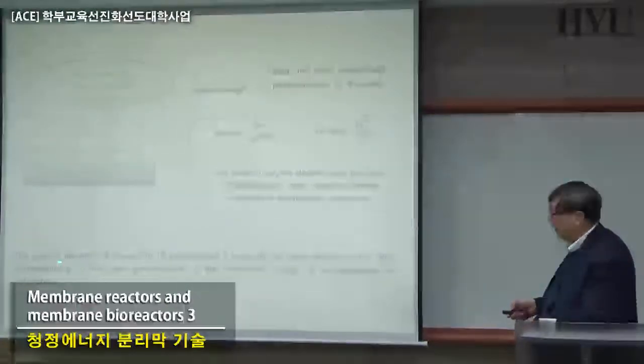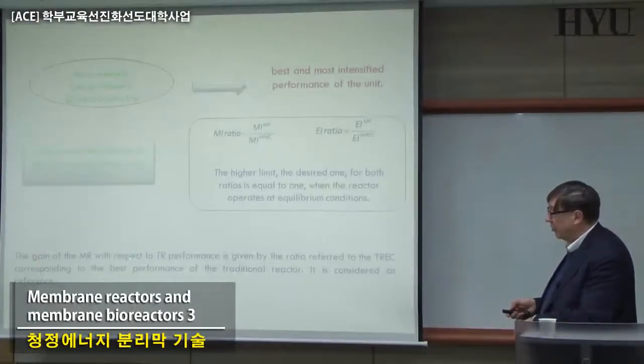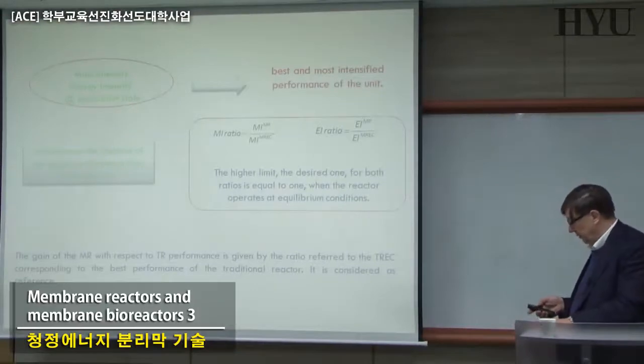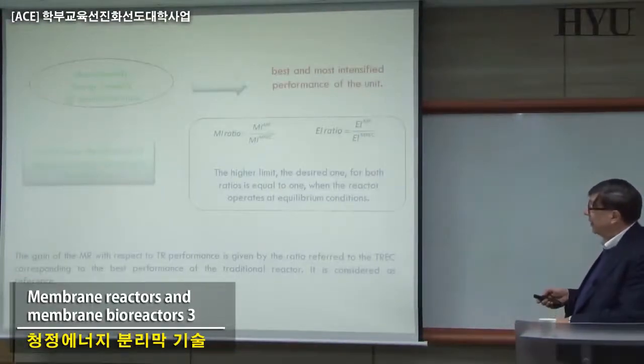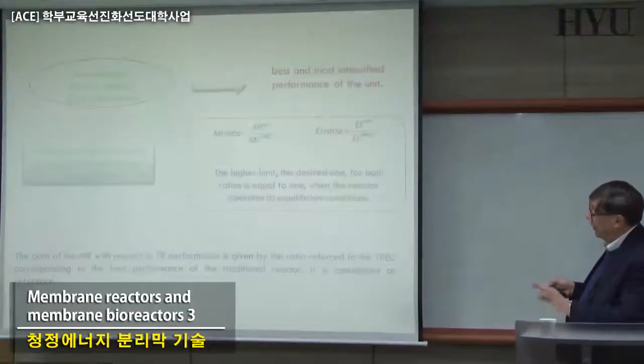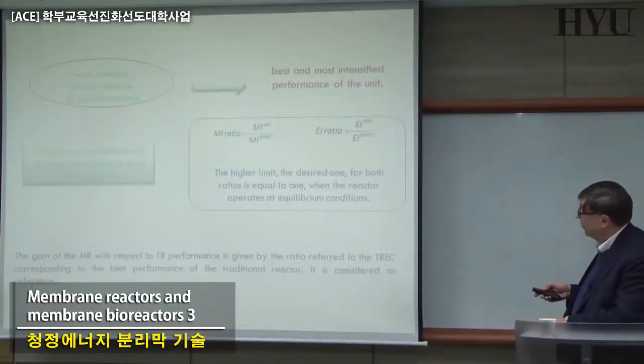We like to see the gain, the advantages of the membrane reactor compared to the traditional one. When the ratio is equal to 1, it means that we are in the condition of equilibrium, and that's the normal situation that we take as a reference in this kind of analysis.